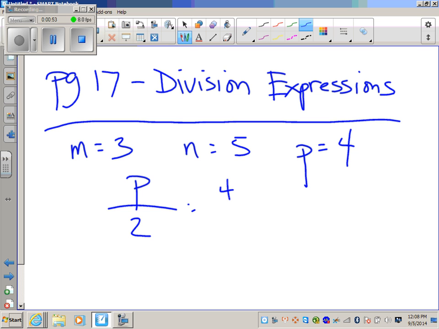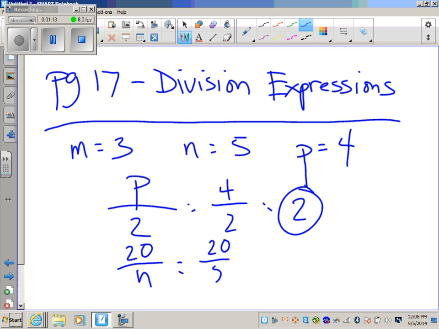Because p is equal to 4, 4 divided by 2 is 2. And if I asked what is 20 over n, if I know that n is 5, then it will equal 4.